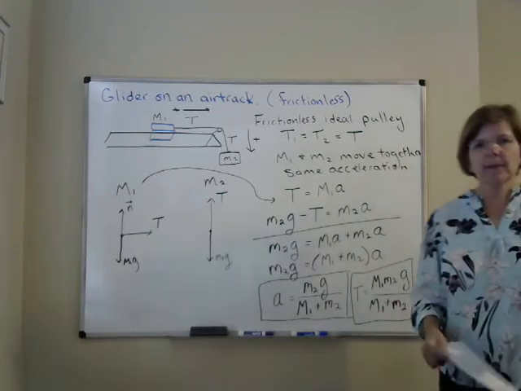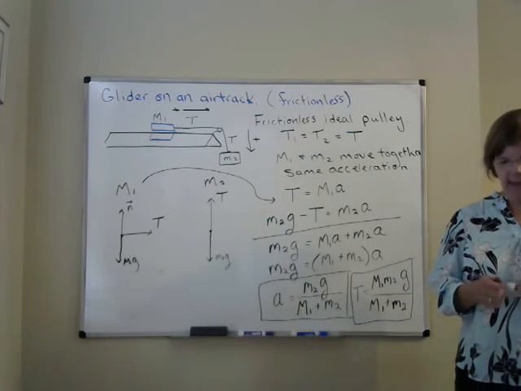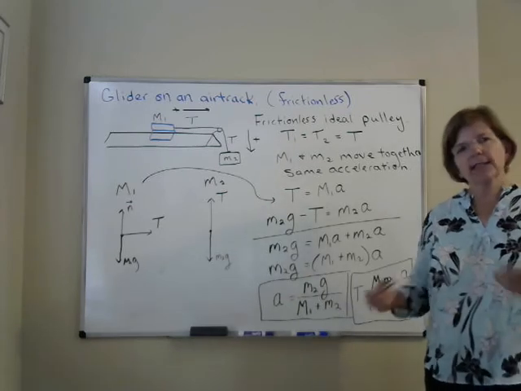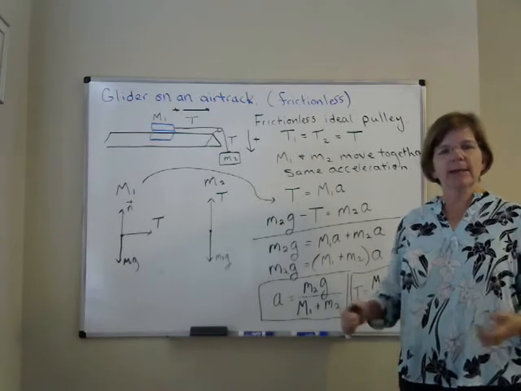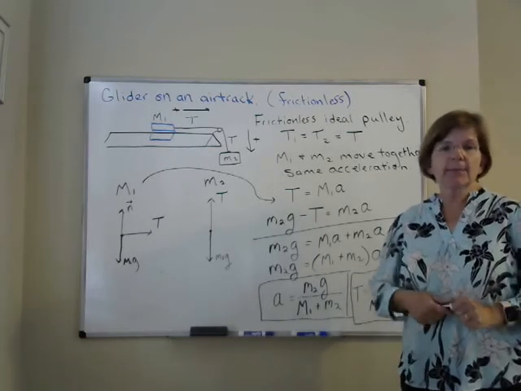Okay, I'm going to do one more example. On the one hand, it's a harder example, but on the other hand, we're going to put numbers in the problem, and putting numbers in the problem may make it seem much easier.